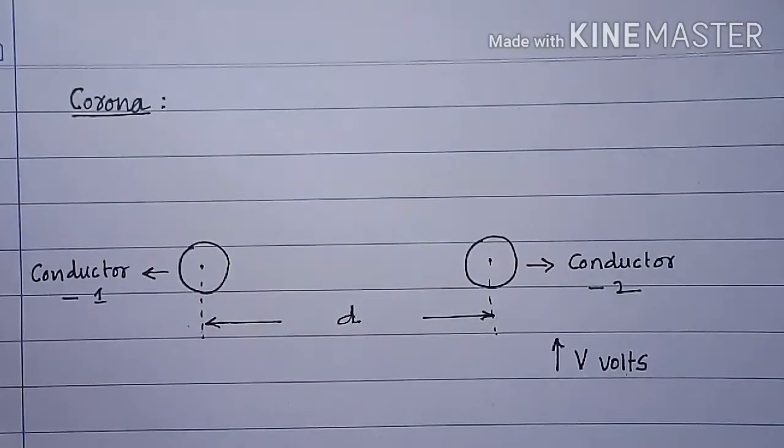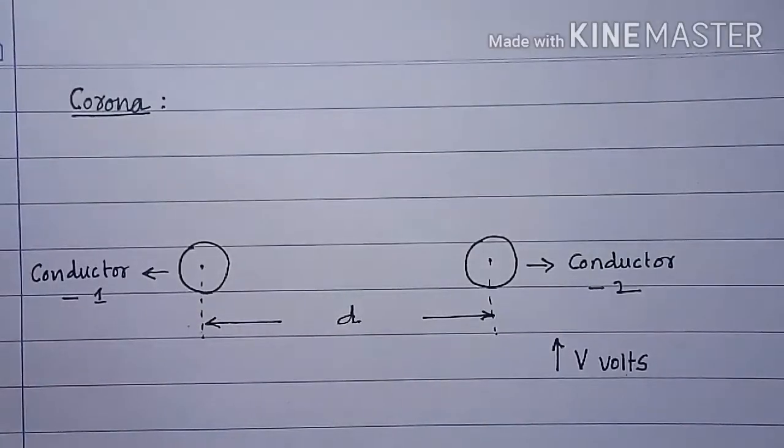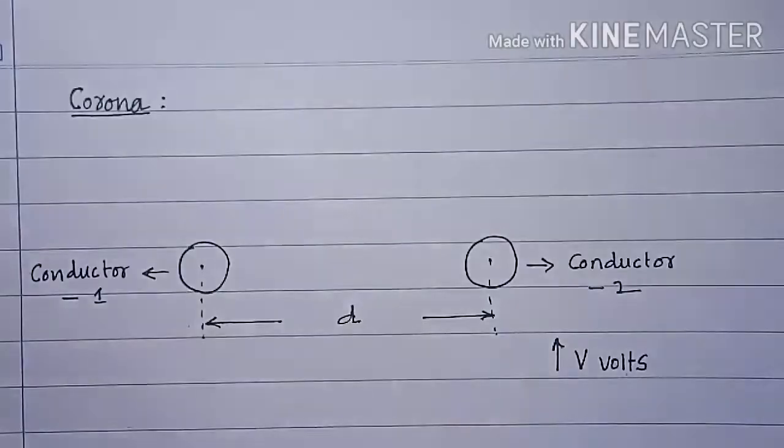If we increase the potential difference between these two conductors, then at some potential a faint luminous glow of violet color will appear adjacent to the conductor surface with a hissing noise.